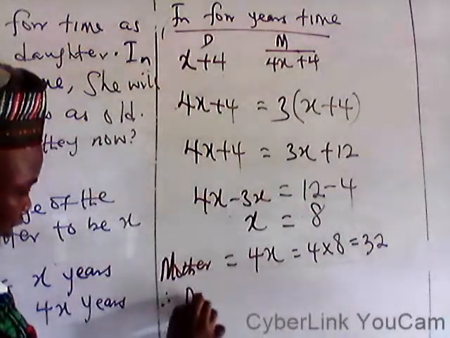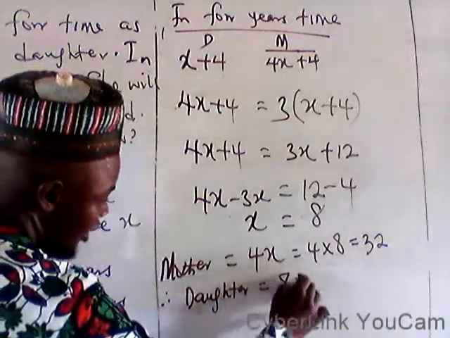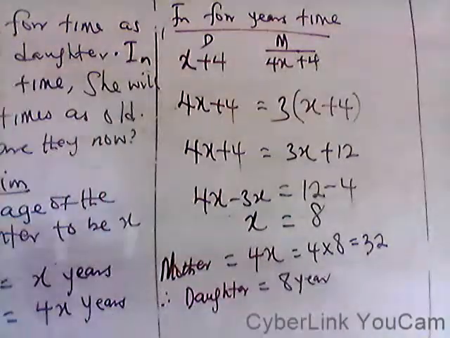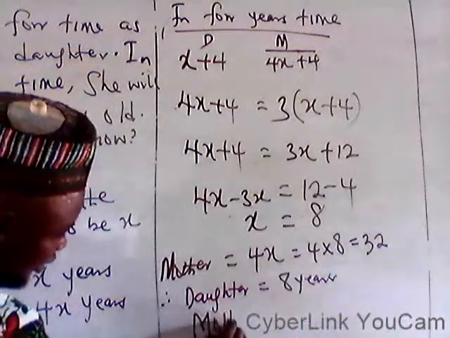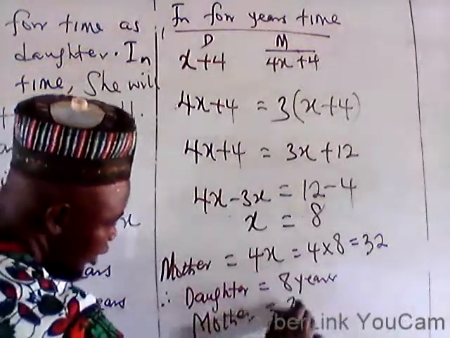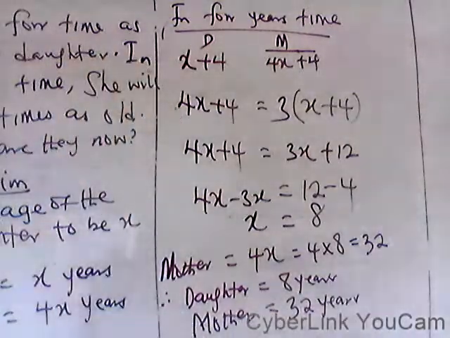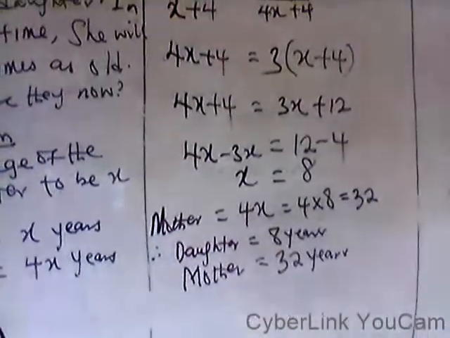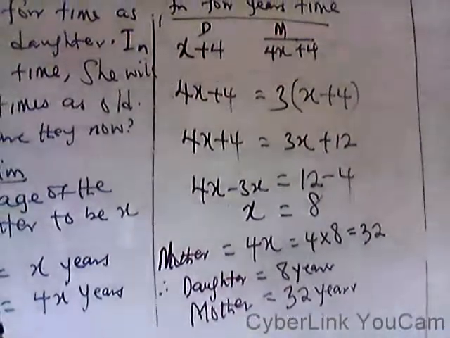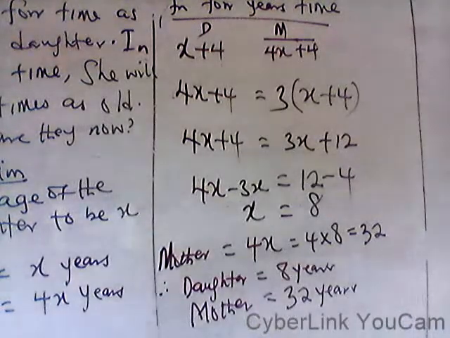Therefore, the daughter will be 8 years, and the mother, that is Aisha, will be 32 years. And that is it on the question. The daughter will be 8 years and the mother will be 32 years. That is it for the first question.